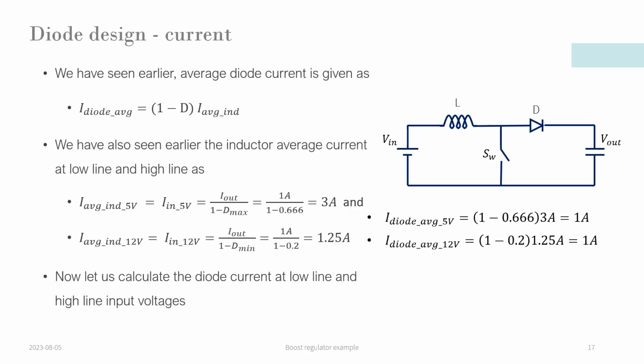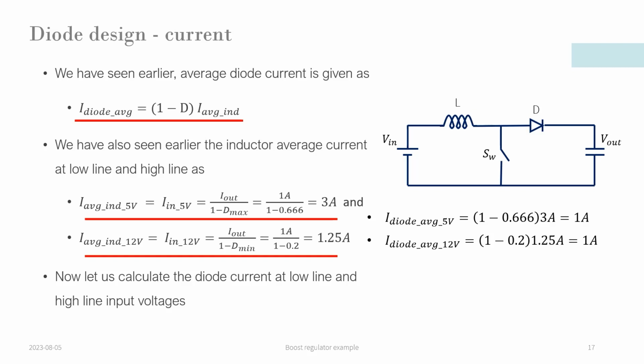Average diode current is given as 1 minus D into inductor average current. However, we observe that with 2 duty cycles, we obtain 2 average current at minimum and maximum input voltage as shown. We can now substitute this value in average current diode equation to obtain diode current values.